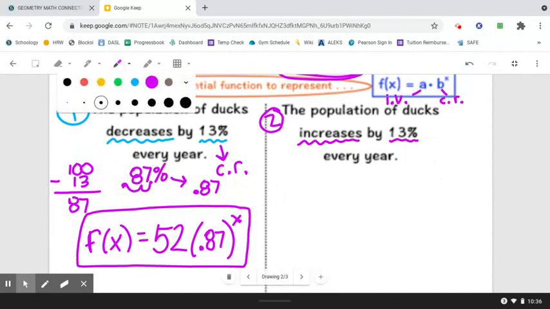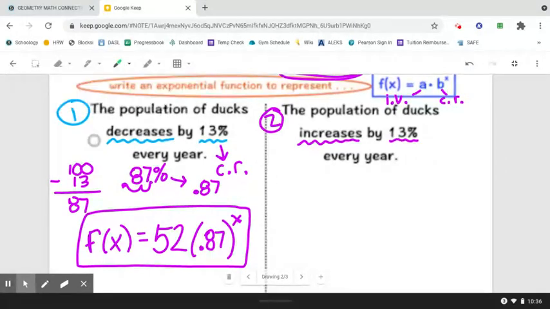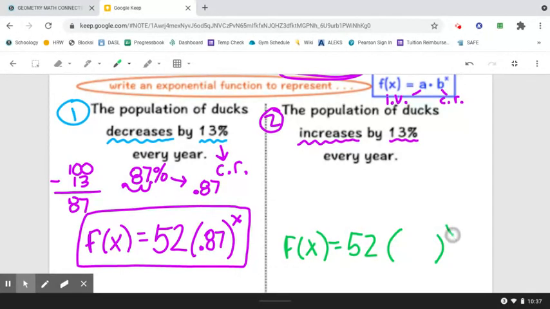Now the second one, very similar, just now we're changing it to increasing by 13%. So we're still starting with 52 ducks. So my equation is going to start out the same, since we still are originally having 52 ducks as our initial value, so A stays the same, but B is going to be a little different.